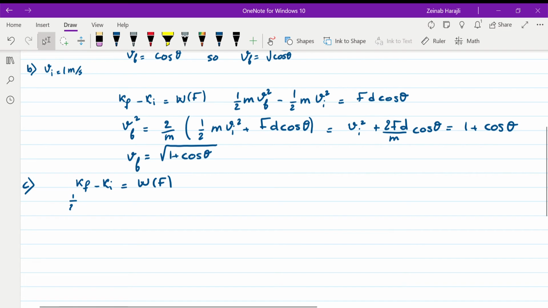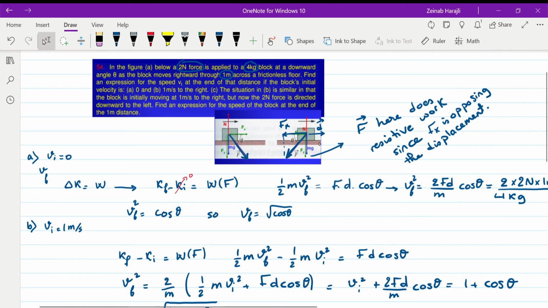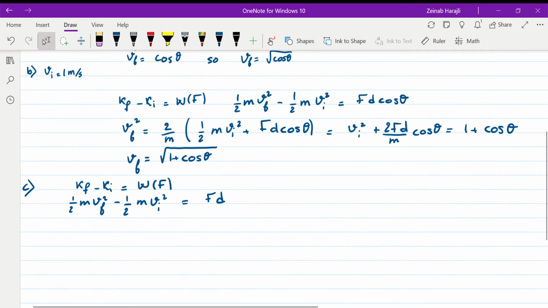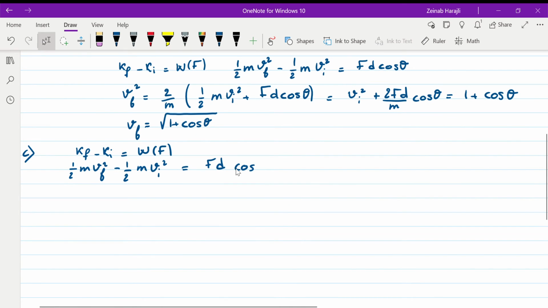We will see that everything remains the same except for the work done, and the difference now is that the angle that the force makes with respect to the displacement is now not equal to theta, but it's equal to this whole angle here, which is actually 180 minus theta, which is basically minus cosine theta. So we can write this as minus Fd cosine theta.